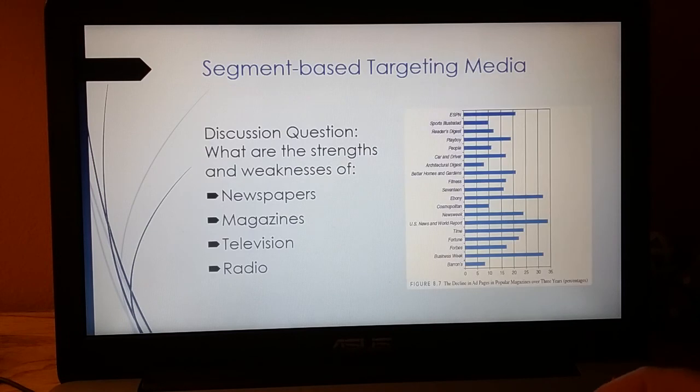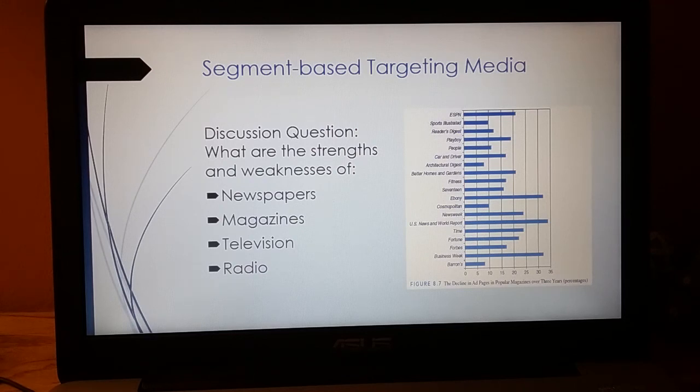But let's just take a look here. There are strengths and weaknesses to newspapers, magazines, TV, and radio, and they all use segment-based marketing, but sometimes it's really hard because it's going off to a group. So there are pros and cons. That's something for you to think about.